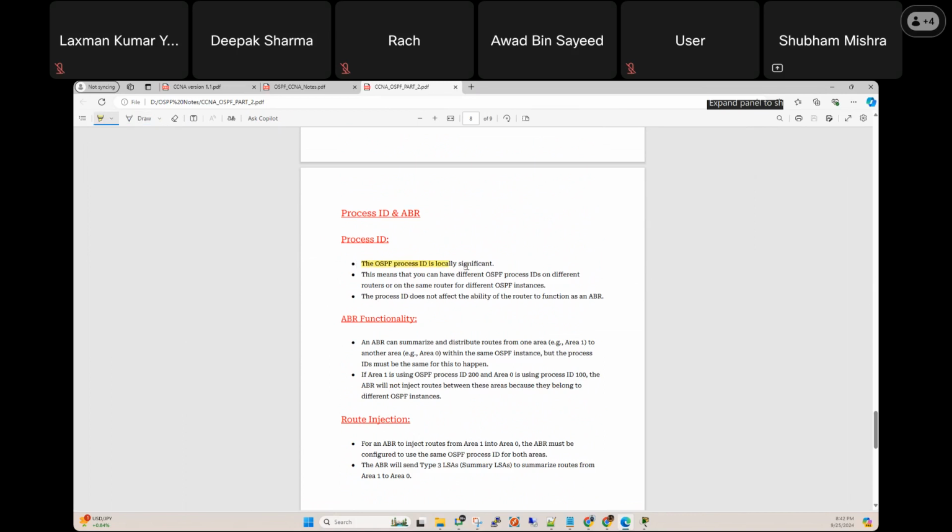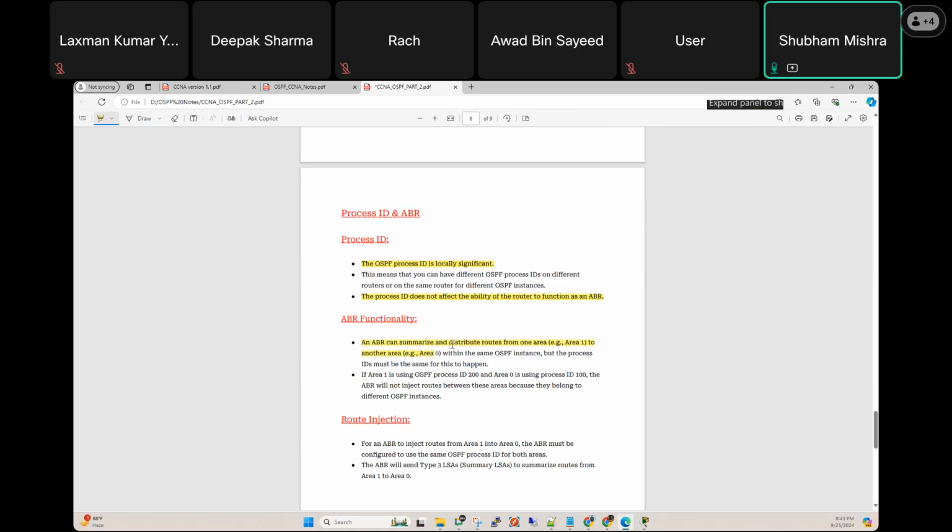The OSPF process ID is locally significant. I already told you, the process ID does not affect the ability of the router to function as an ABR. It means on a single router you can configure router OSPF 100 and router OSPF 200. There is no problem. But where will you get the problem?